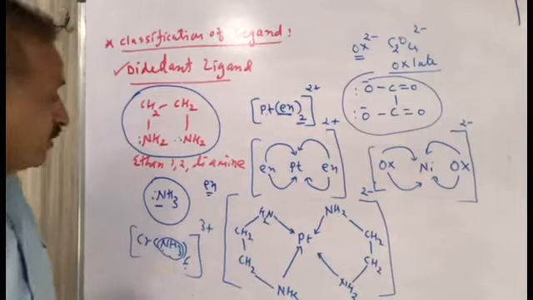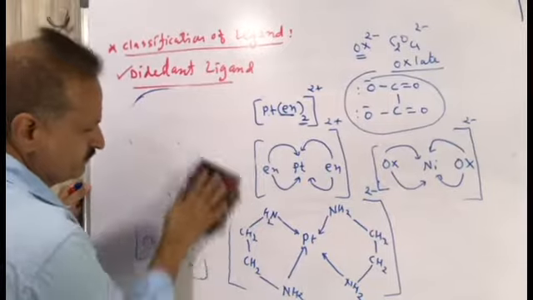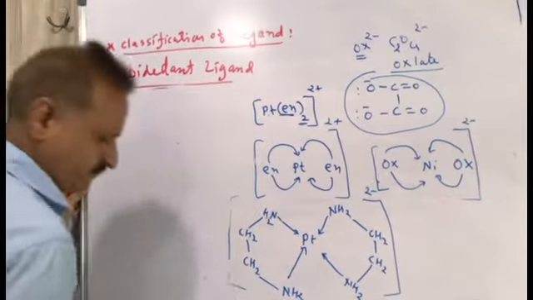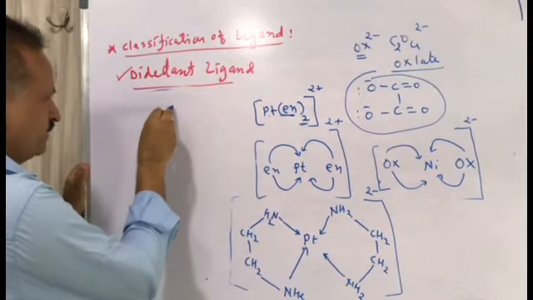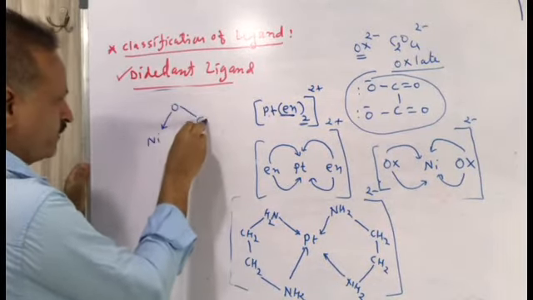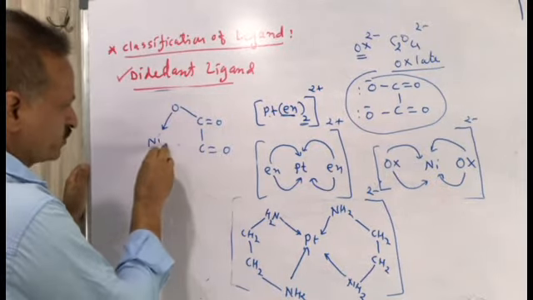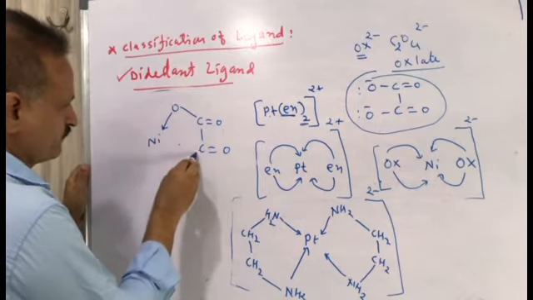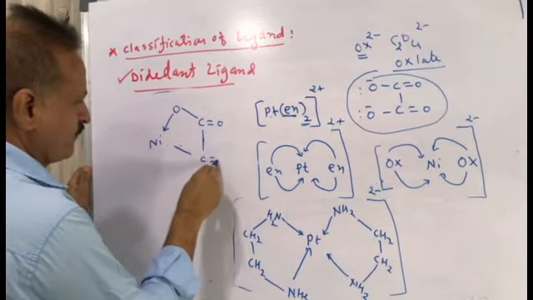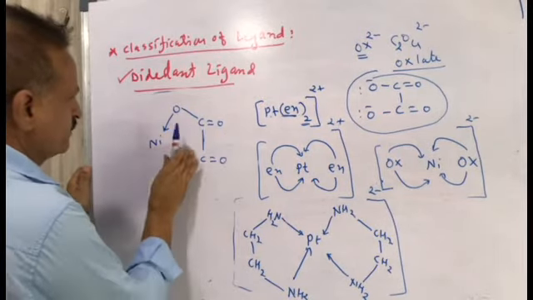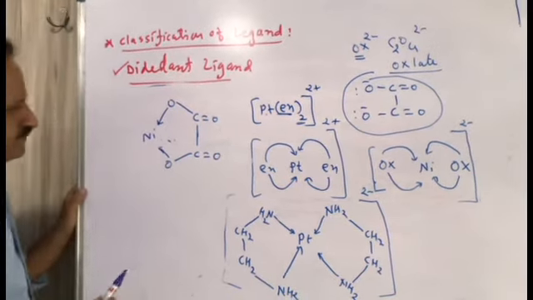Then how can we draw that structure? Let's see. So nickel, oxygen, then carbon double bond carbon, carbon double bond carbon, and here is also oxygen. Here is oxygen, which can form a covalent bond.